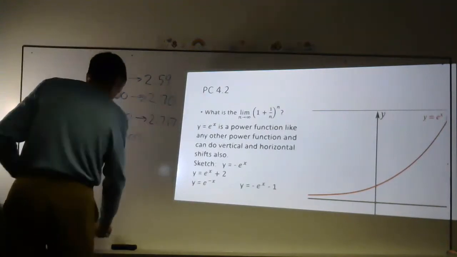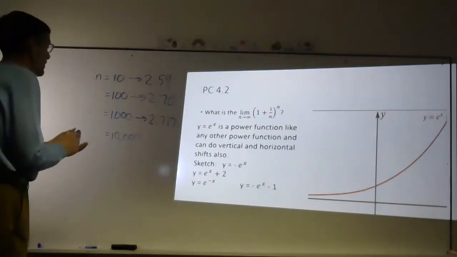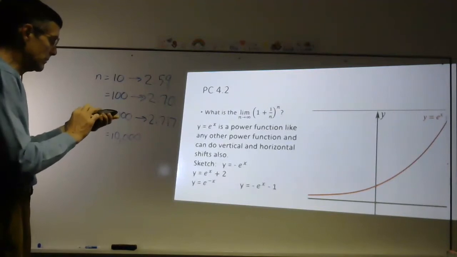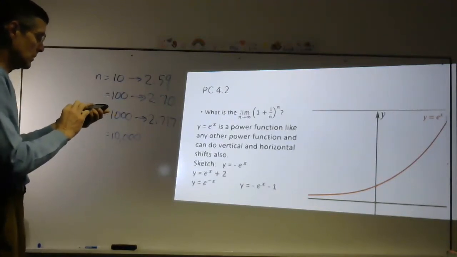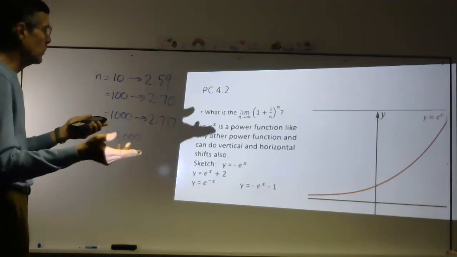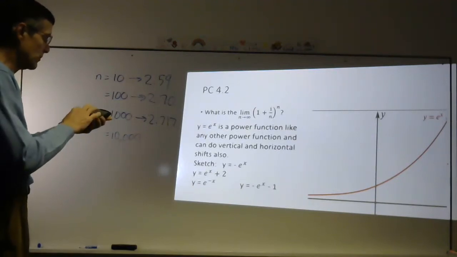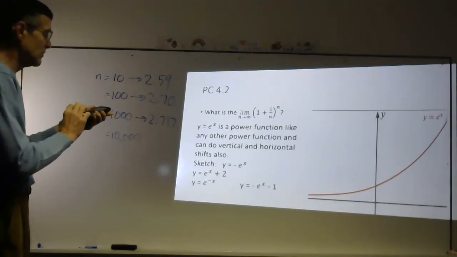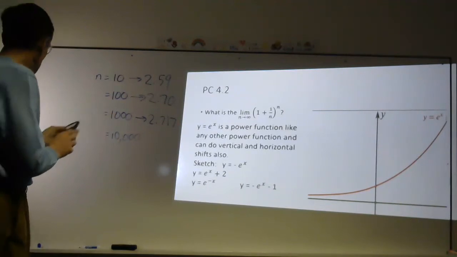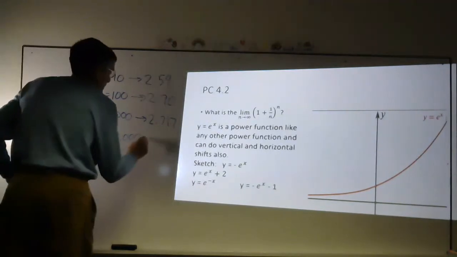Looks like it's slowing down here a little bit. Let's do 10,000 yet. 1.0001, or 1 and 1/10,000th, raised to the 10,000th power gives me 2.718.